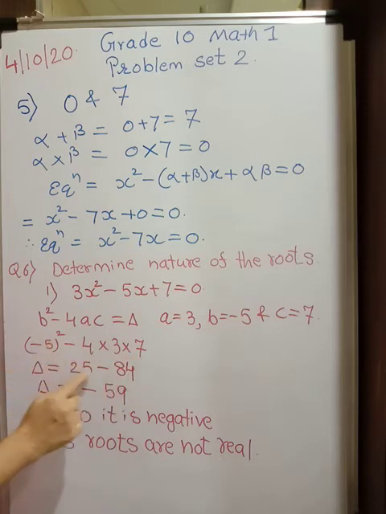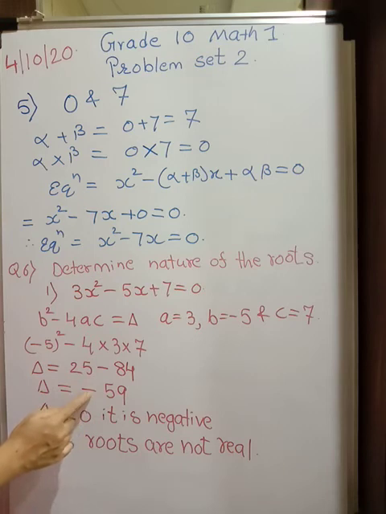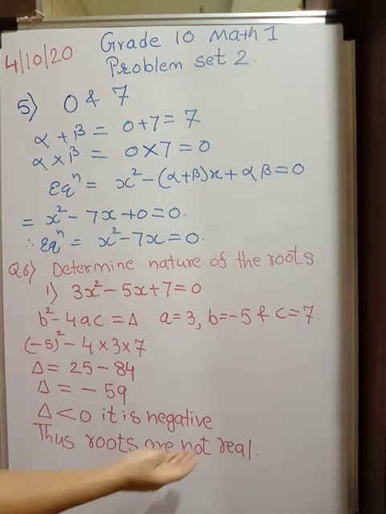So this is 25 minus 84. The discriminant is minus 59. Minus 59 is negative, less than 0, and therefore roots are not real. So this is the nature of the roots: whether they are real or not real, and if real, whether they are equal or unequal.